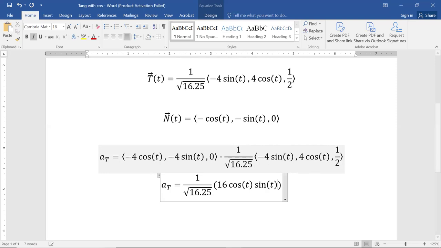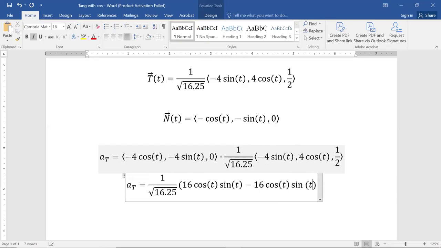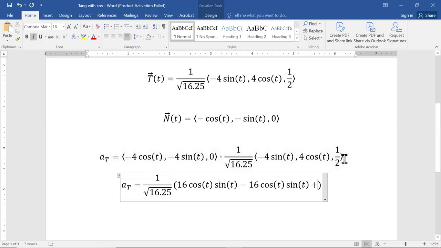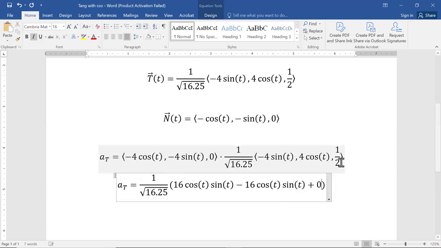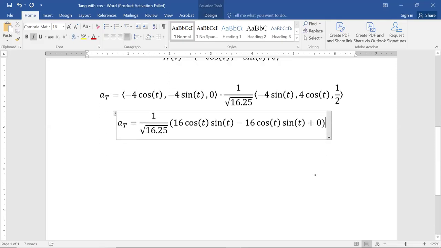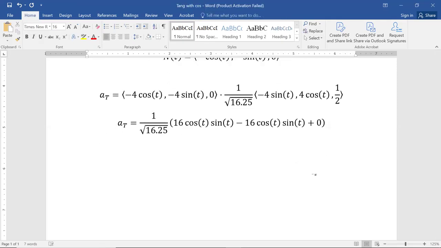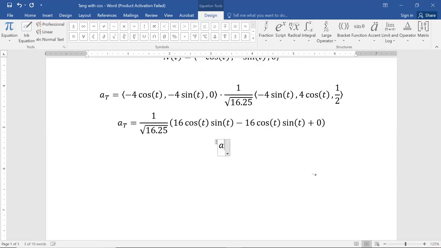That's going to give me a -16 cosine times sine plus 0 times 1/2 becomes 0. And notice that this whole thing just goes to 0. So that means the coefficient A sub t is going to be 0.